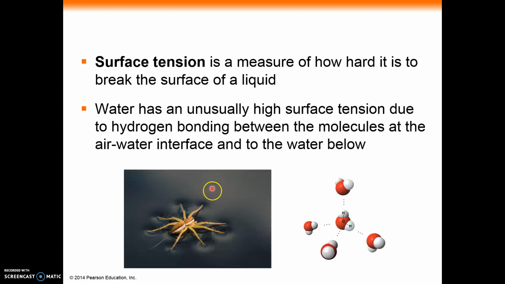So the molecules at the surface tend to be more locked in and secured than the water immediately below. Another way of phrasing this is that the water at this air-water interface has more structure. Consequently, when something lands on it and presses on it, it gives a little bit of resistance. This resistance is enough that a spider or other aquatic insects can actually float on the surface of the water. All right, so that's the first thing, the cohesion of water.